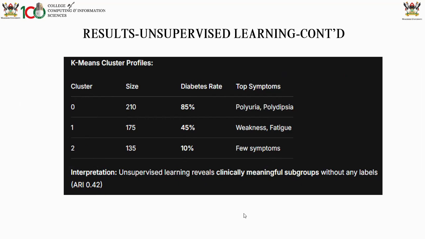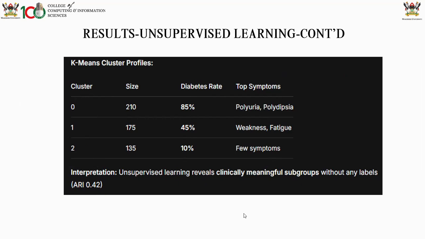In this case, we see that with the clusters 0, 1, 2 respectively, the sizes are 210, 175, and then 130, 135. Then diabetes rates respectively of 85%, 45%, and then 10%. Then the top symptoms for cluster 0 are polyuria and polydipsia. And with cluster 1, the top symptoms are weakness and fatigue.